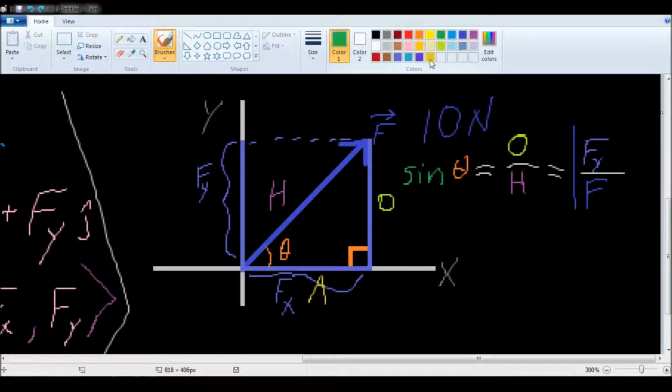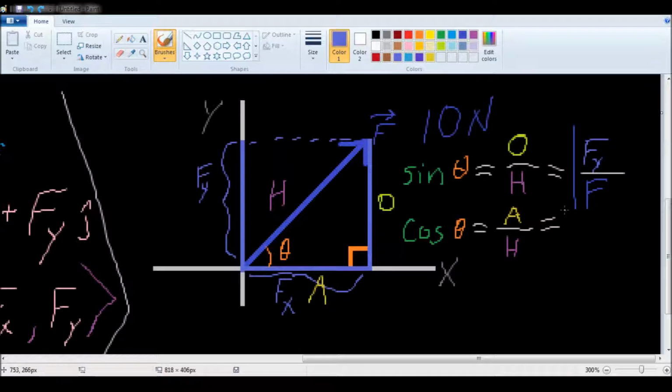And now I can do the same thing for cosine. Cosine of theta is equal to, and if you remember the wonderful phrase SOHCAHTOA, you'll know that cosine is adjacent over hypotenuse. As you've probably discerned, our adjacent is the same length as our Fx. In fact, they are equal.